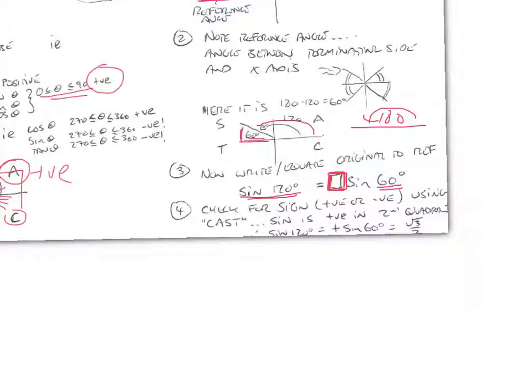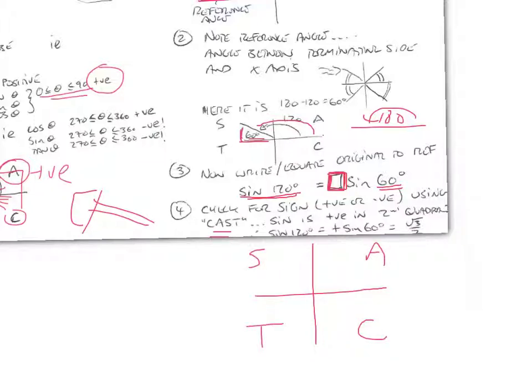And to do that, we need to refer back to our CAST rules that we met with earlier. The way we do that is we draw our CAST. We note where our angle is. It's in the second quarter. In the second quarter, we said earlier, only the sine trigonometric ratio is positive. This is a sine trigonometric ratio, so actually our sign will be plus, and it will be plus sine of 60.